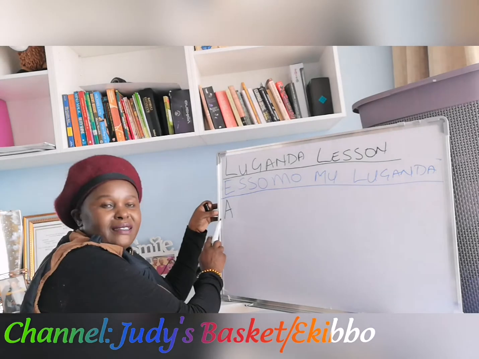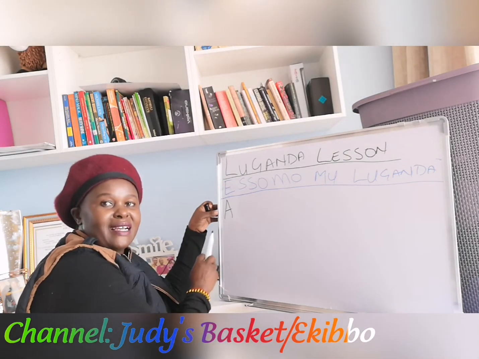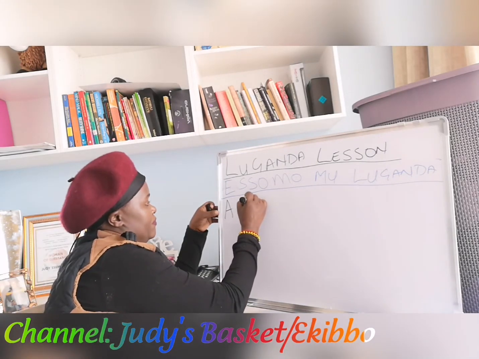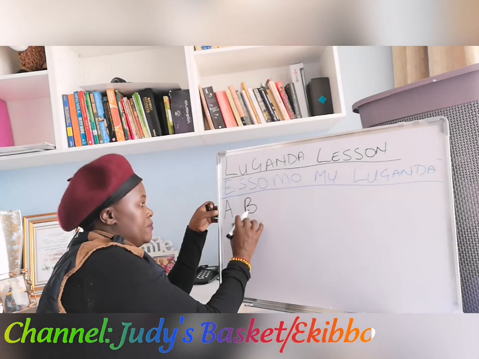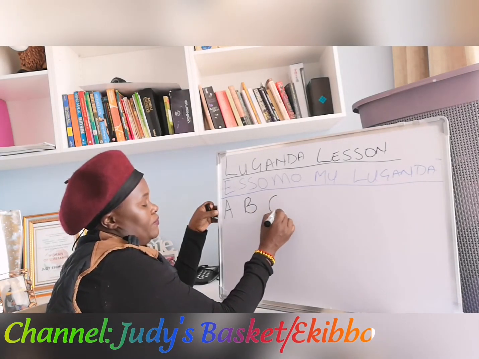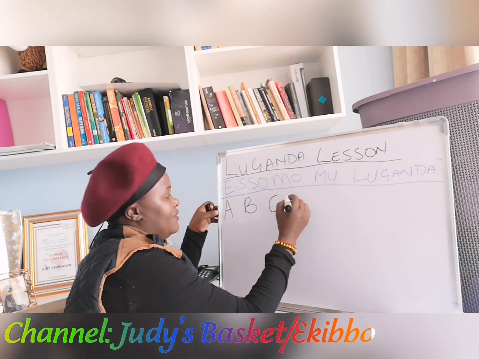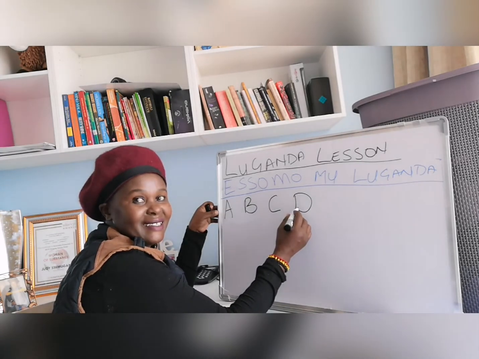In English, this is A. In Luganda we say A. Ba. Cha. Da.